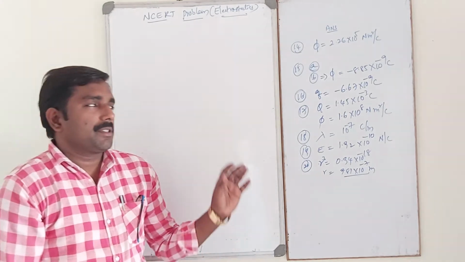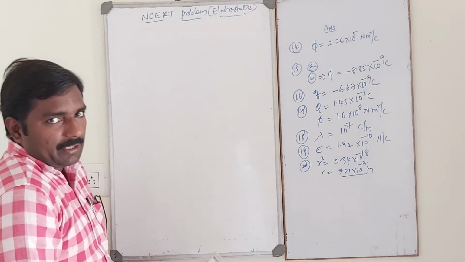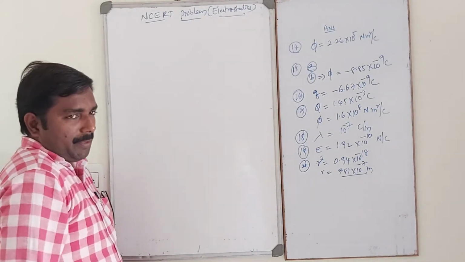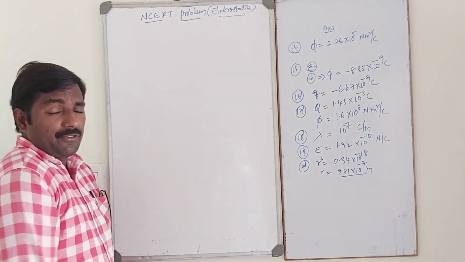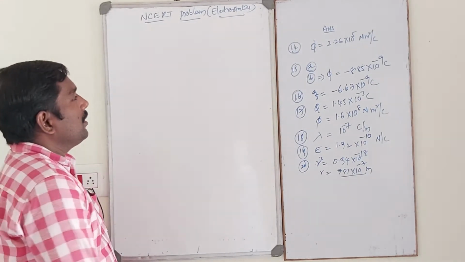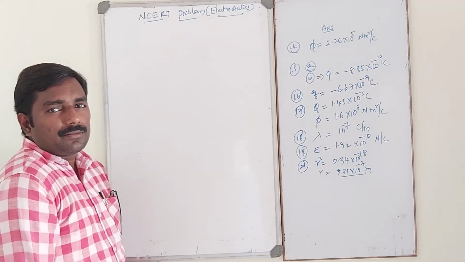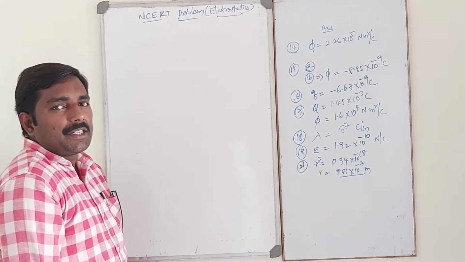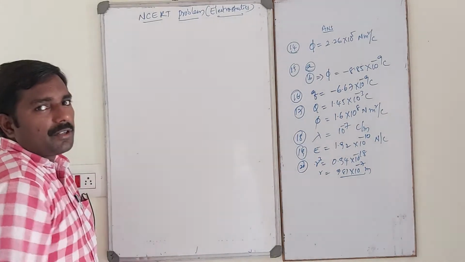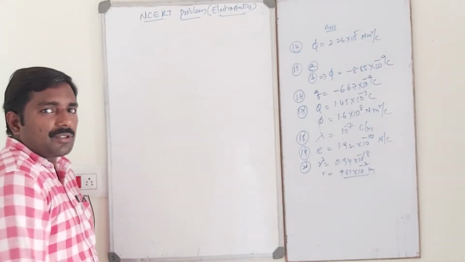What is the value of the charge of the electron? 1.6 into 10 power minus 19 coulombs. That is the constant value. The charge on the proton is also the same.